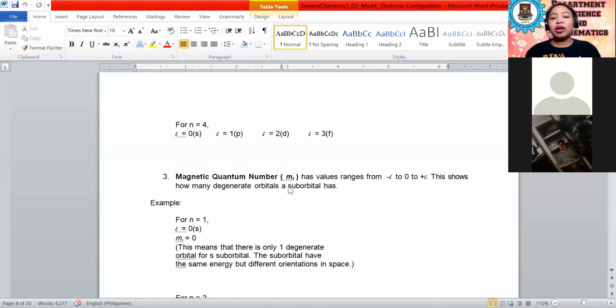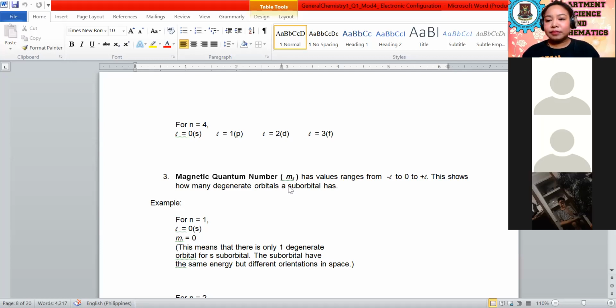How many people can occupy a double deck bed? Duha, ma'am. So every bed has two electrons. The magnetic quantum number is the number of electrons every particular subatomic orbital could house.